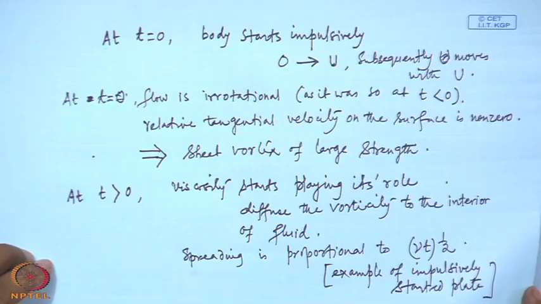So, after a small time t, because of this viscous action, the vorticity which was initially created on the surface has now spread to a small distance nu t to the power half. However, the convection is also simultaneously playing its role.